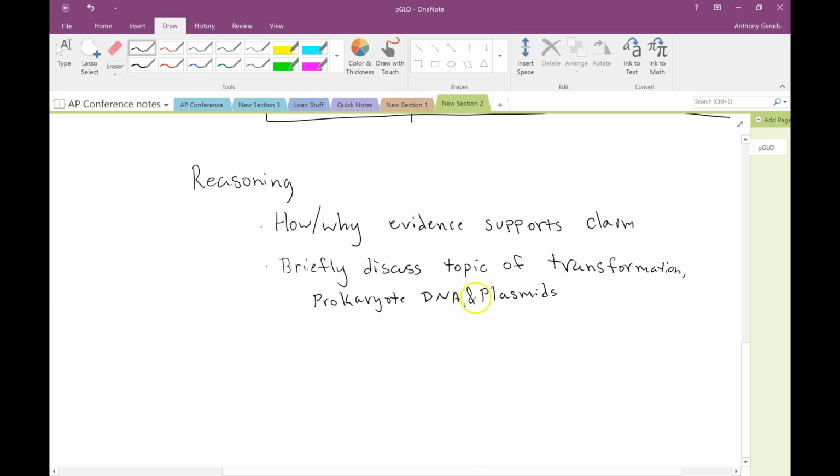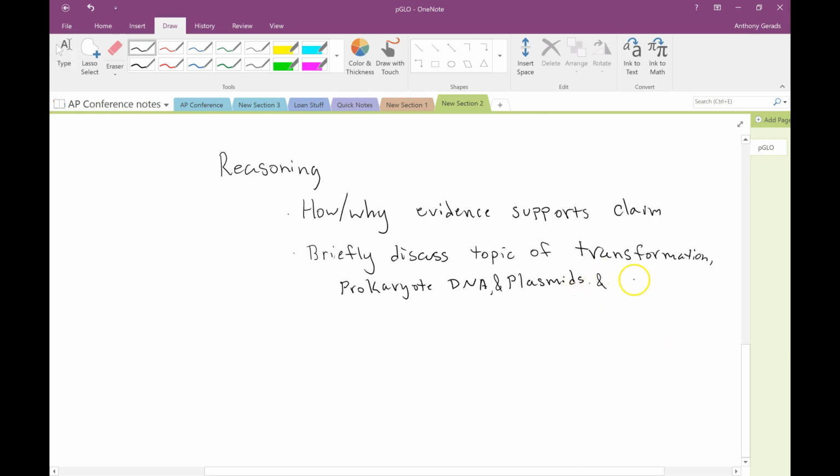And plasmid. This kind of shows that you know what you're talking about. So this is like, hey, here's what happened, here's why it happened, and then shows that you're an intelligent young adult. Well, most of you. Some of you have given up. Still love you. Do we have to do antibiotics? Oh yeah. We'll say plasmid and antibiotics.